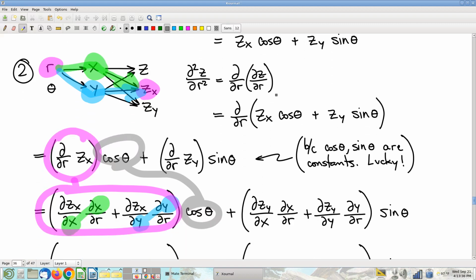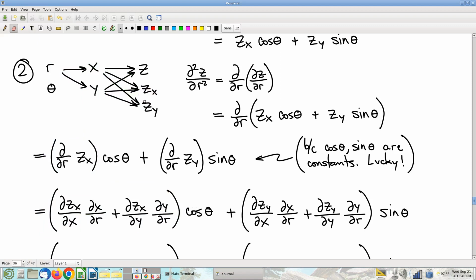So likewise, for the next term, and again, slowly and carefully, we want to take the partial of ZY with respect to R. There it is. Again, we have two paths, aka two intermediate variables.